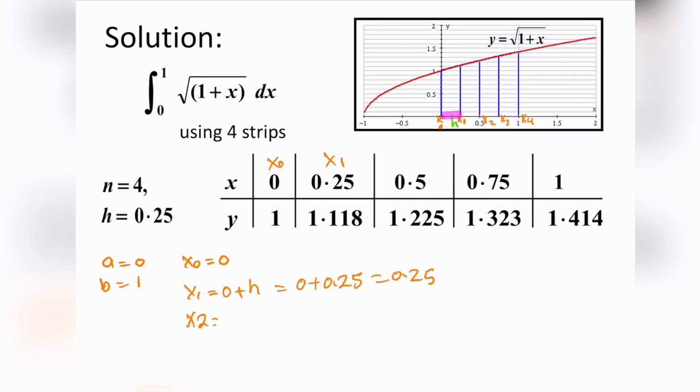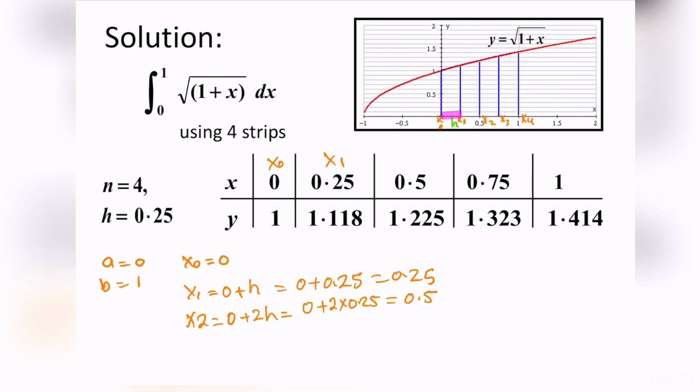x2 is x naught, which is 0, plus 2h. So that's 0 plus 2 times 0.25, which is 0.5.